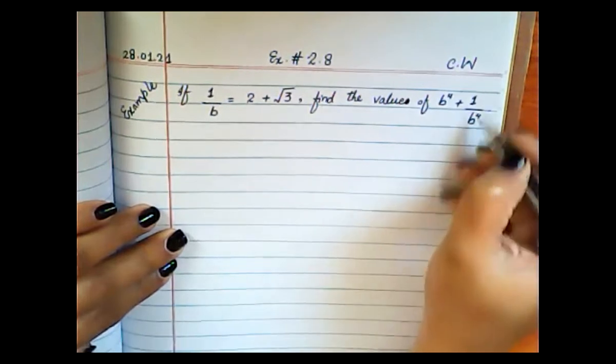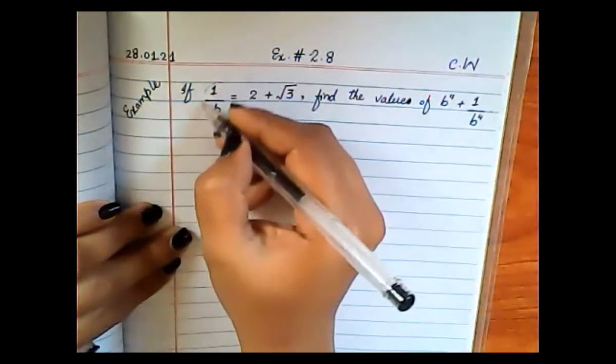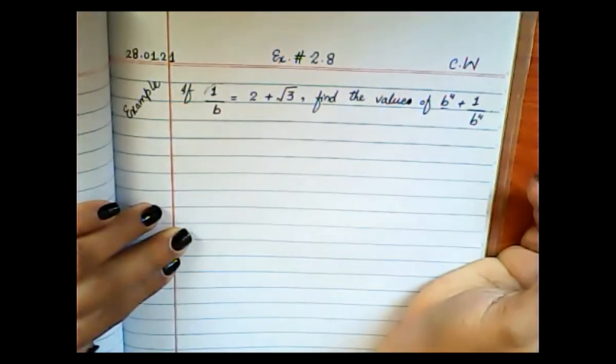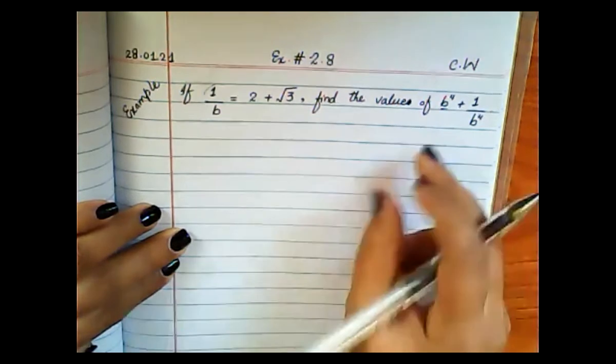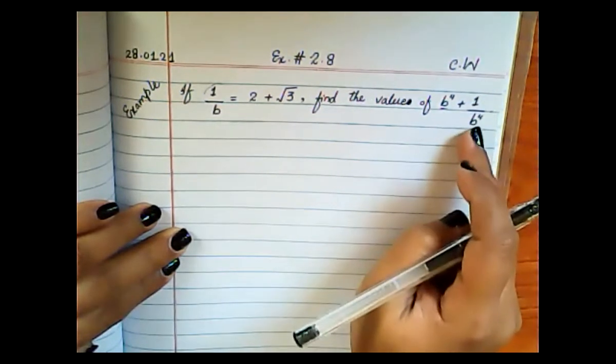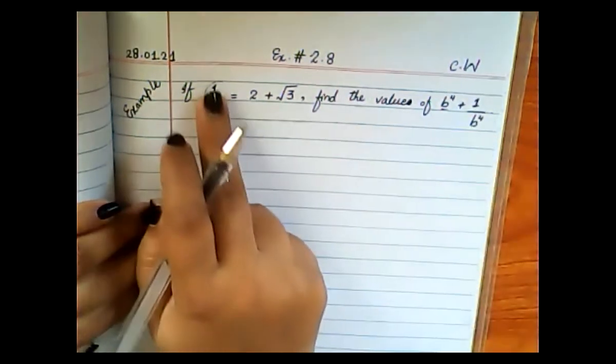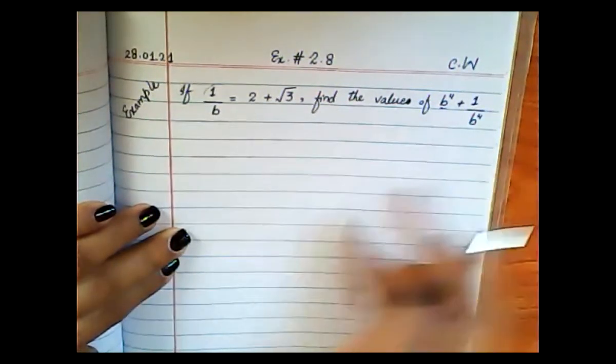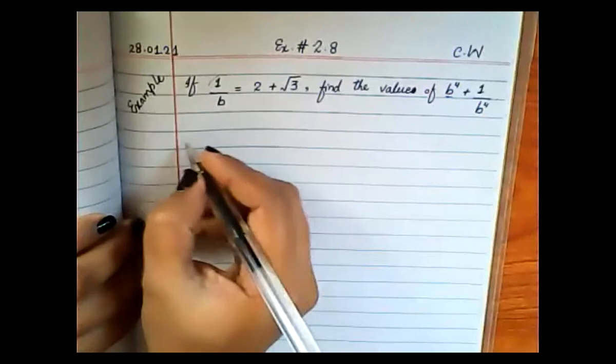Previously you were given the values of x, y, and z. Forget about b^4 for now. Here we are given the value of 1 upon b, and the value of b is not given. It is a little bit of a twist. Here you have 1 upon b, not 1 upon b^4. It's okay, you can find it by yourself.